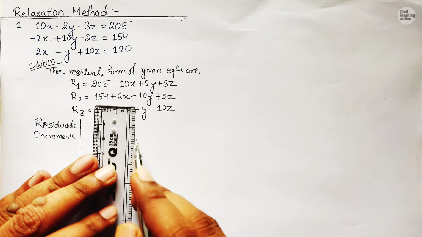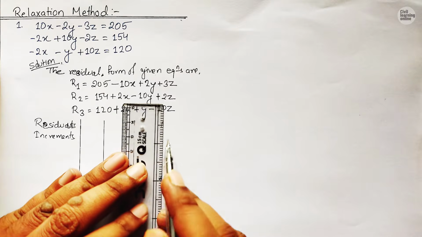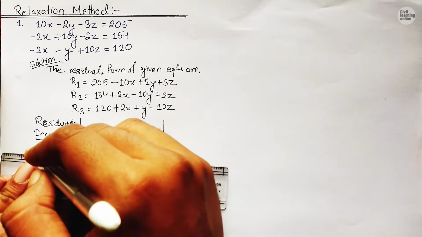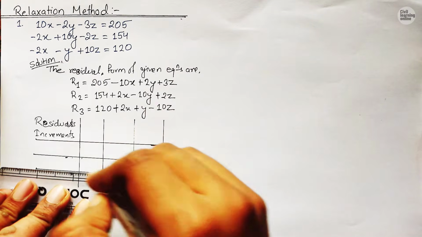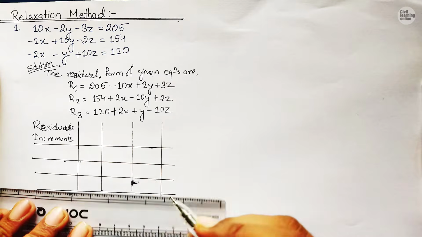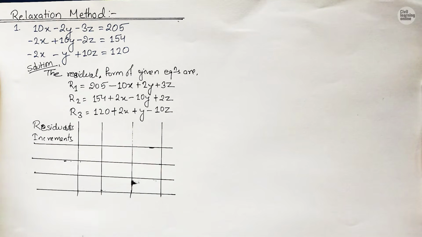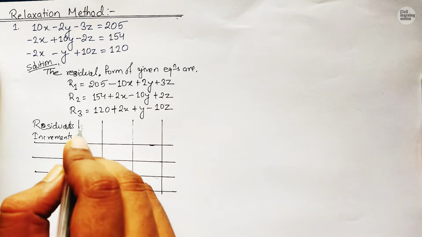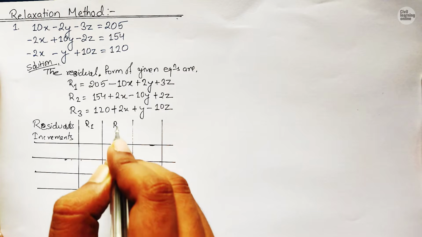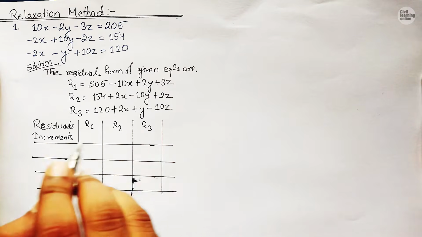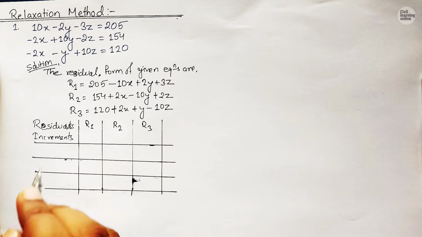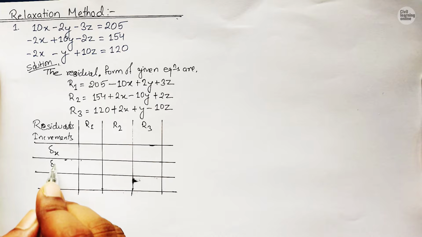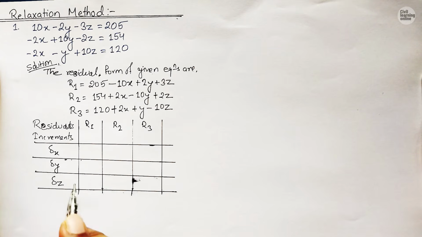So first let us draw 3 columns, second and third column, and this is first row, second row, and third row. Now for residuals we have r1, r2, r3. Similarly, we will represent the increment with delta, and increment in x as delta x, increment in y as delta y, and increment in z as delta z.